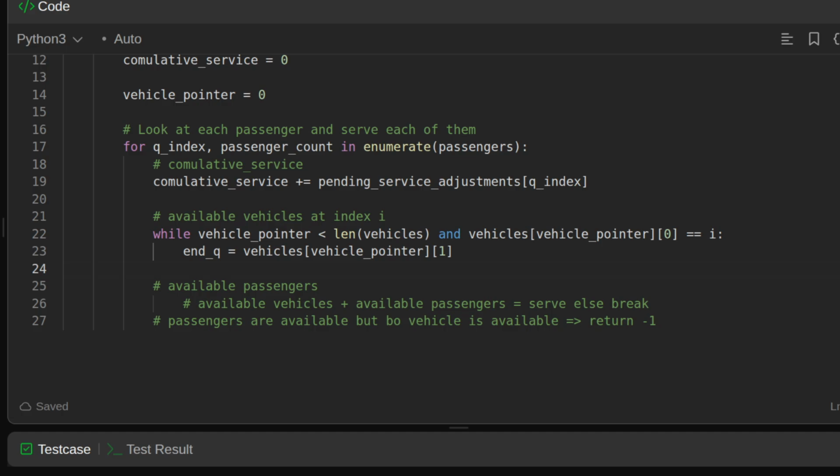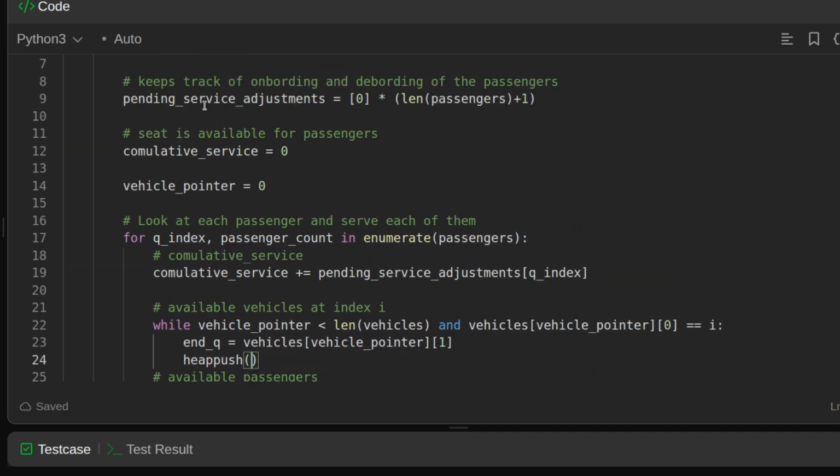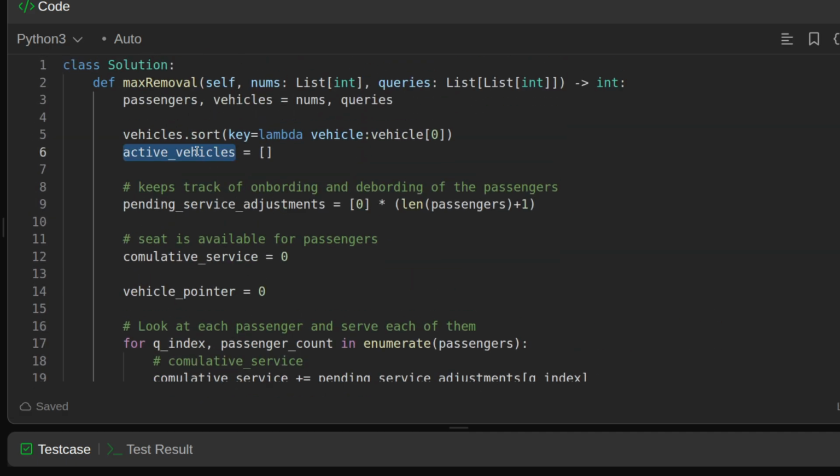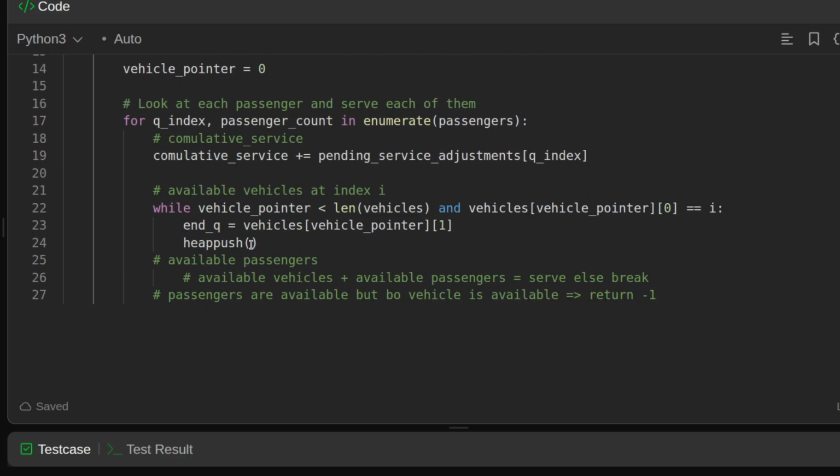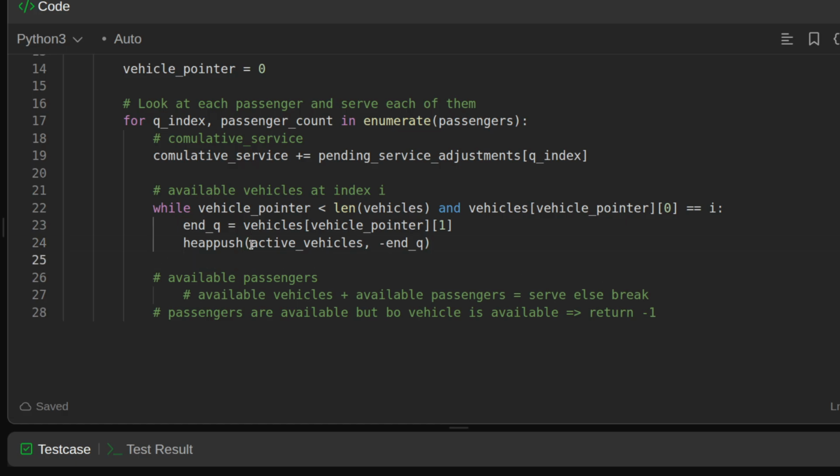Next I want to heap push. What I need to push here is the available vehicles, the end queue. Once I put it there, I will increase the vehicle pointer by 1.